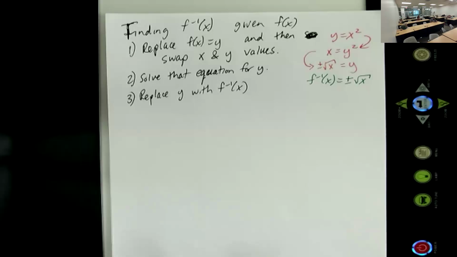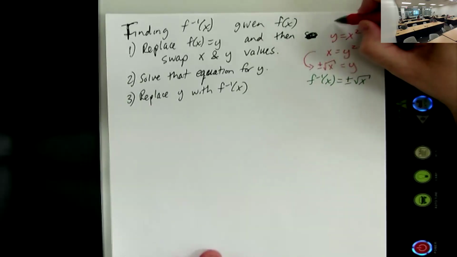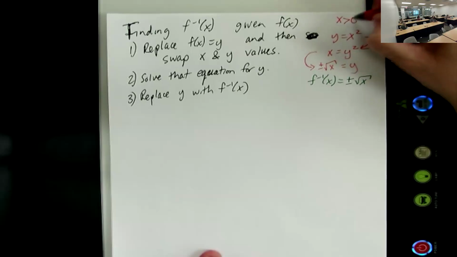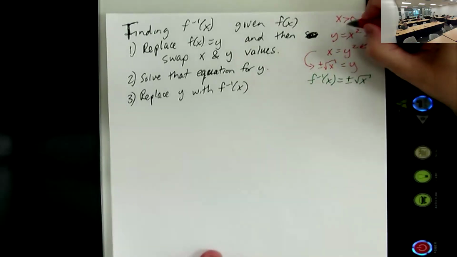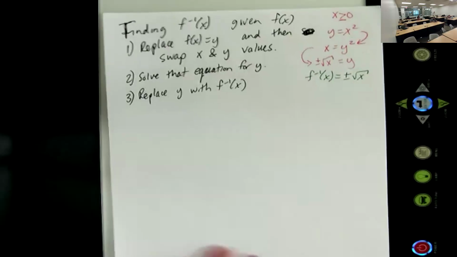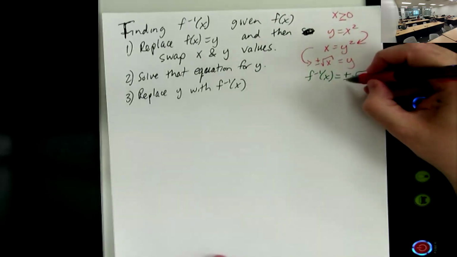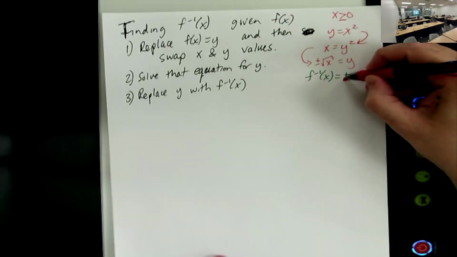Now, the example I gave here was not one-to-one. So maybe I would restrict x to be greater than or equal to 0. That will cover all of the graph, which means I can't really have a negative square root of x.